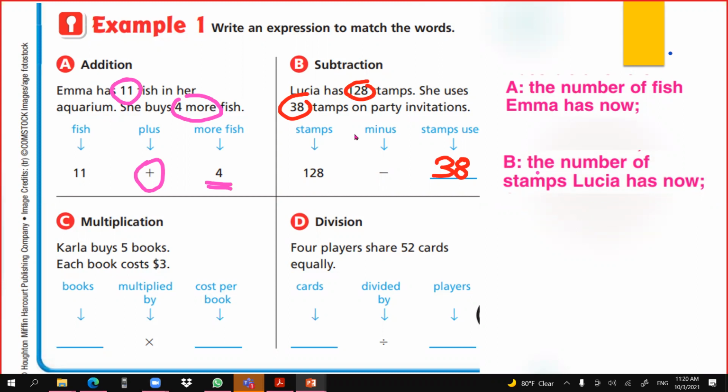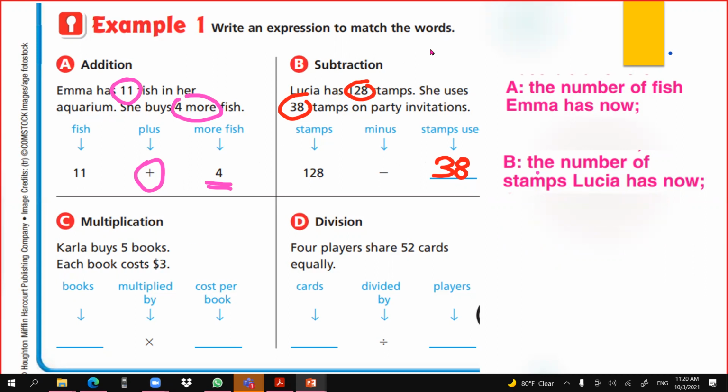Okay, she has 128. She takes 38. So how many ones does she have now? How many left? We have 128 minus 38. So this expression models the number of stamps Lucia has now.